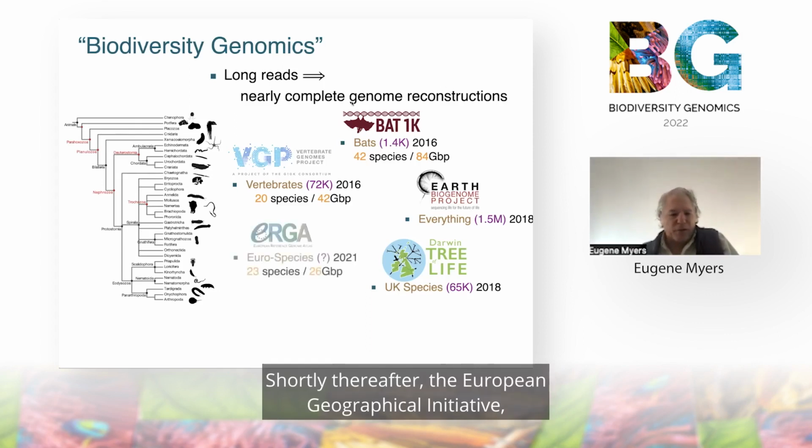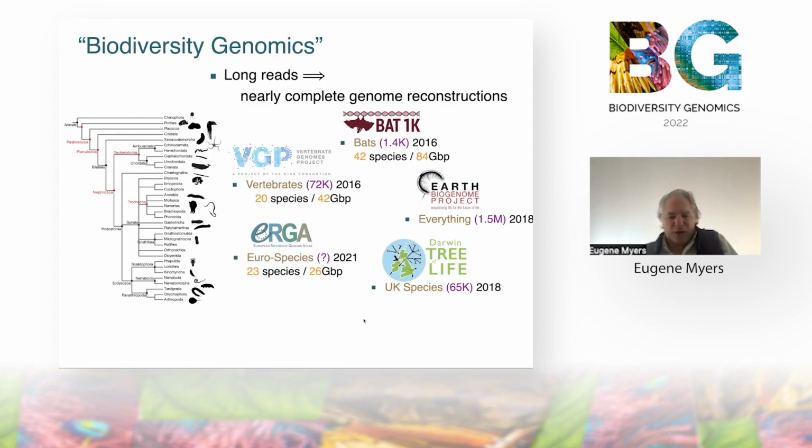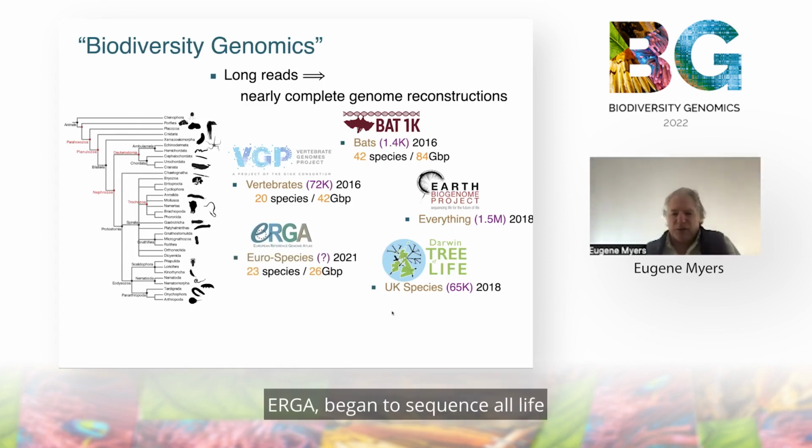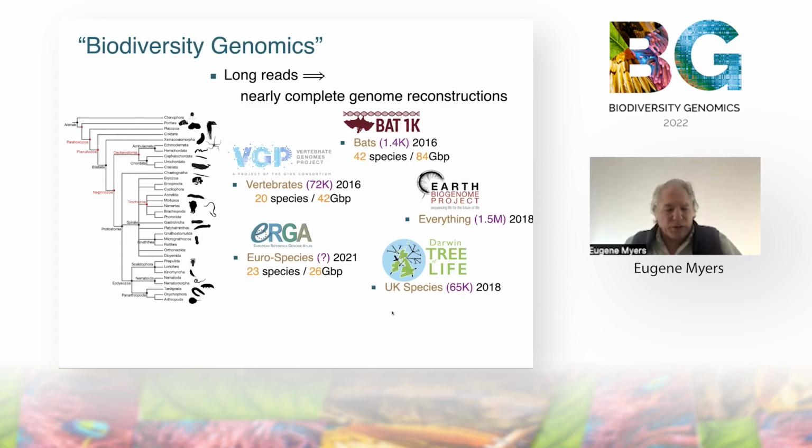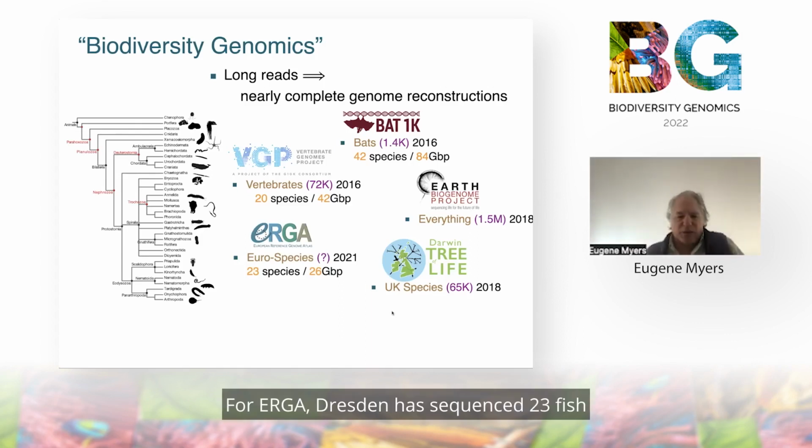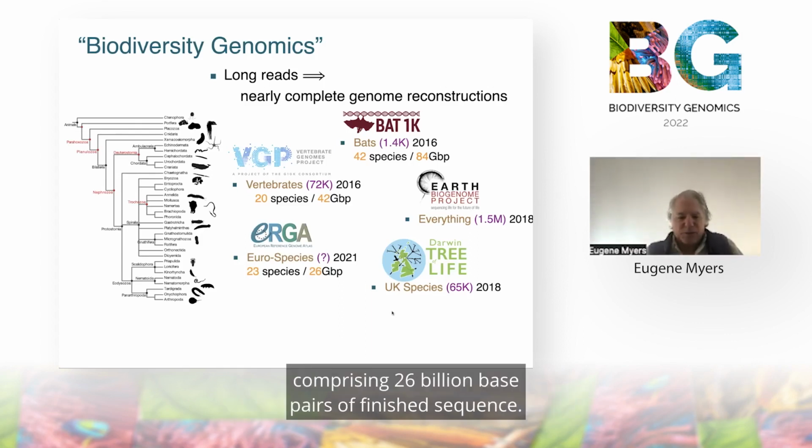Shortly thereafter, the European Reference Genome Atlas, ERGA, began to sequence all life living west of the Urals. For ERGA, Dresden has sequenced 23 fish comprising 26 billion base pairs of finished sequence.